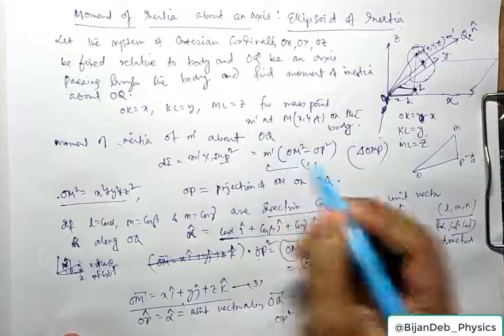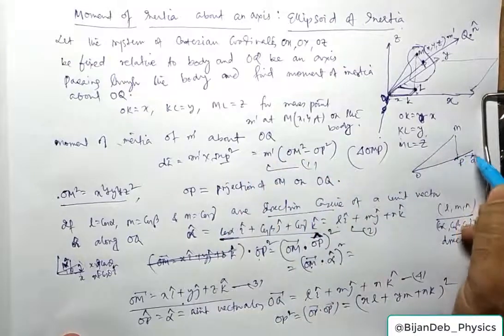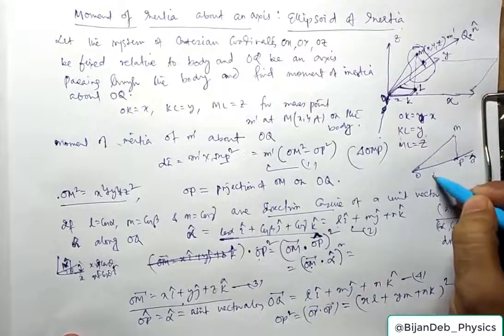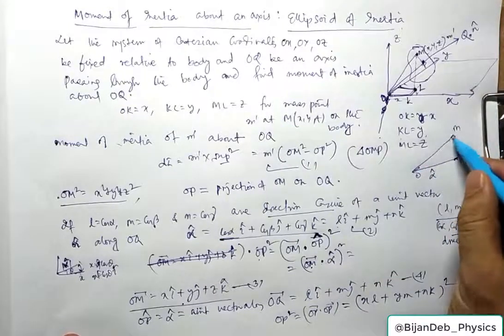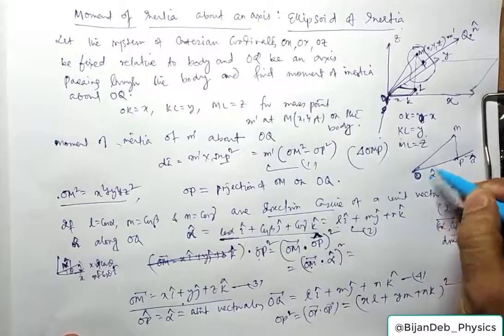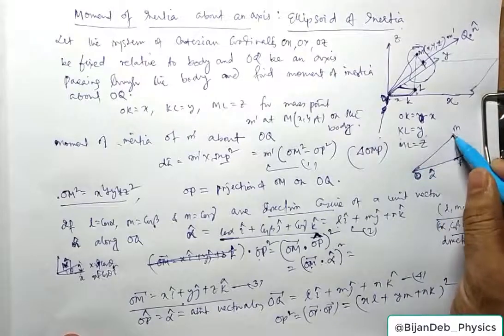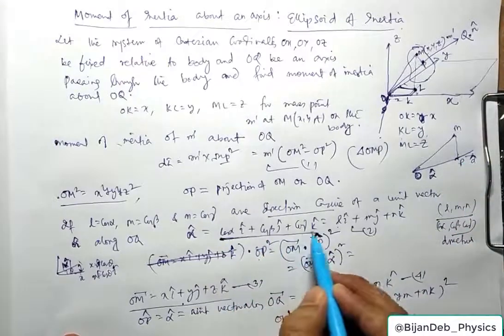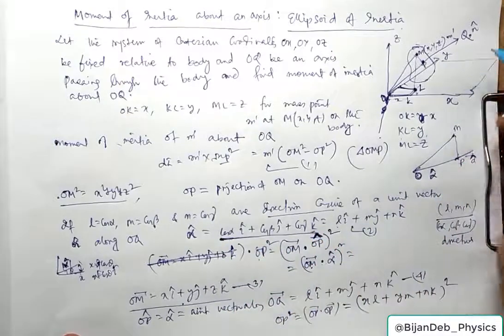MP square is the perpendicular distance from the axis. So how can I find it? I make the projection of this. So I have here the alpha cap unit vector. If I take the dot product of OM vector with alpha cap, I will get this. Now what is alpha cap? Alpha cap is again given by the unit vector, actually along the direction of Q. Okay, so this you remember.